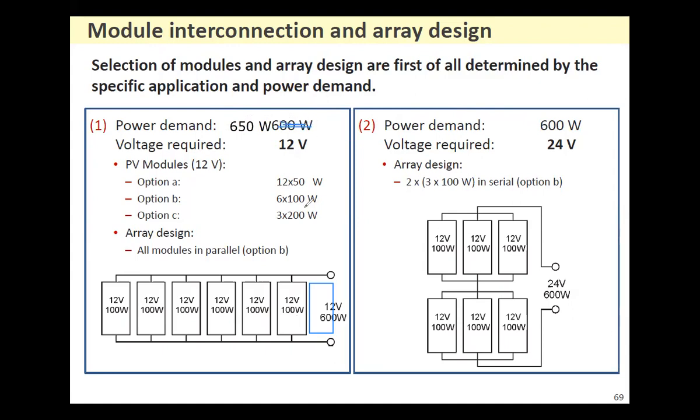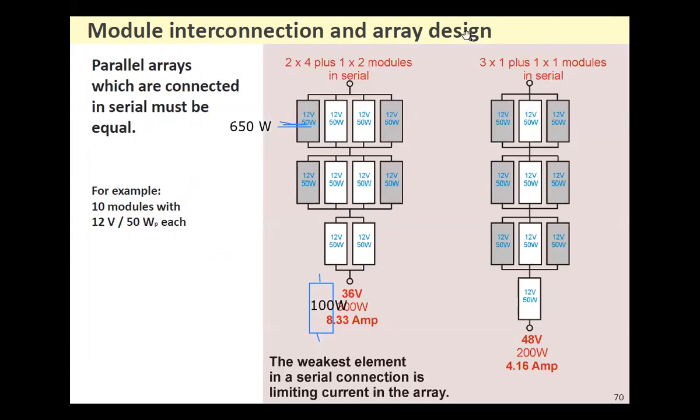So what you did, you took another panel of 100 watt and placed it here. You are not taking the panel of 50 watt. Understand? So all the modules in the array must be similar and the array must be symmetrical. I hope you have understood this concept.